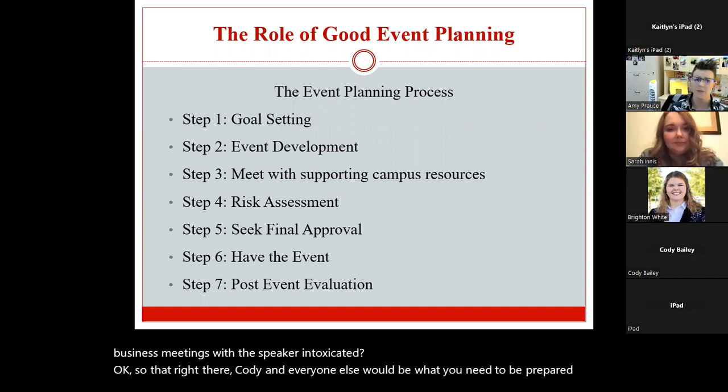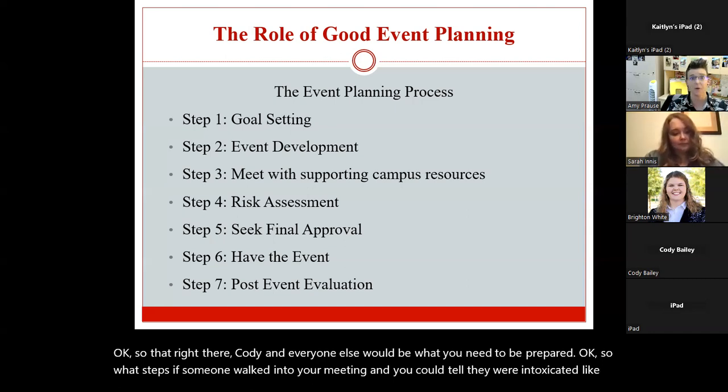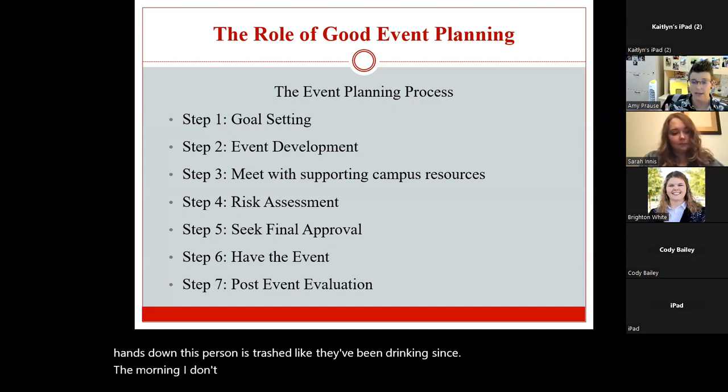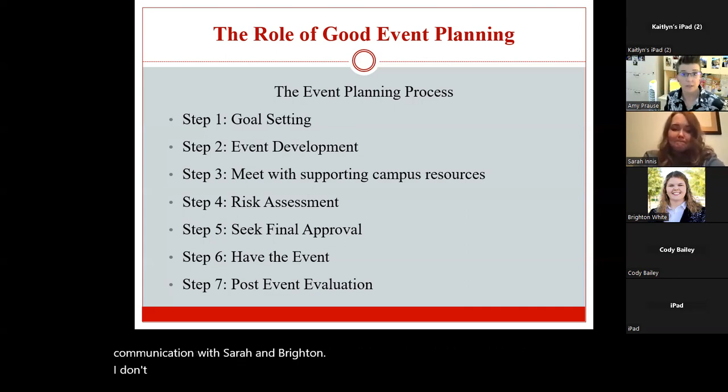What steps would you take if someone walked into your meeting and you could tell they were intoxicated, like hands down, this person is trashed, like they've been drinking since the morning? What are the policies? This probably would involve communication with Sarah and Brighton. I don't know what your policies are at the vet school.